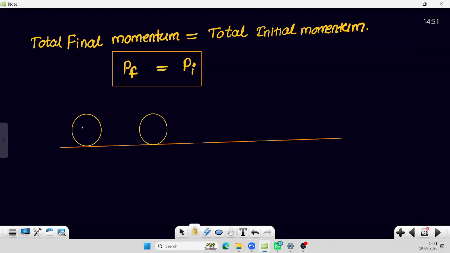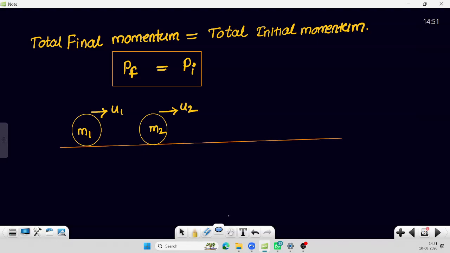This body has mass M1 and this one has mass M2. M1 is moving with a velocity U1 and M2 is moving with a velocity U2. These two collide. Let us consider that M1 collides with M2.